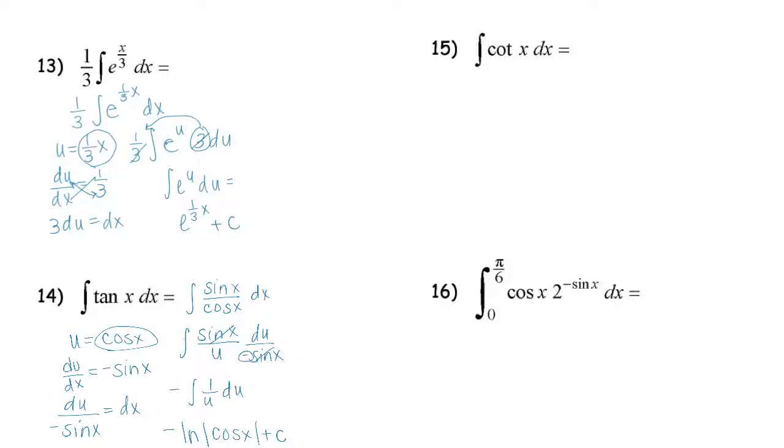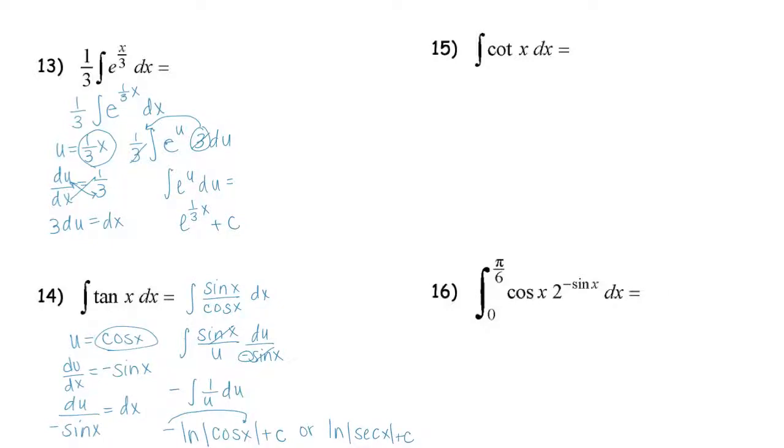Now that is one way to write it. The other way, if we wanted to remove that negative, then we can rewrite that to be natural log absolute value of secant x, because that negative could have moved up and become an exponent here, and that's going to make that secant x. And then, of course, plus c.